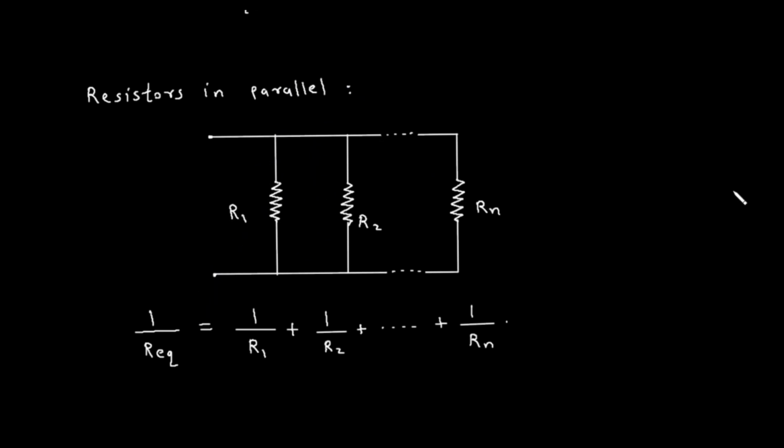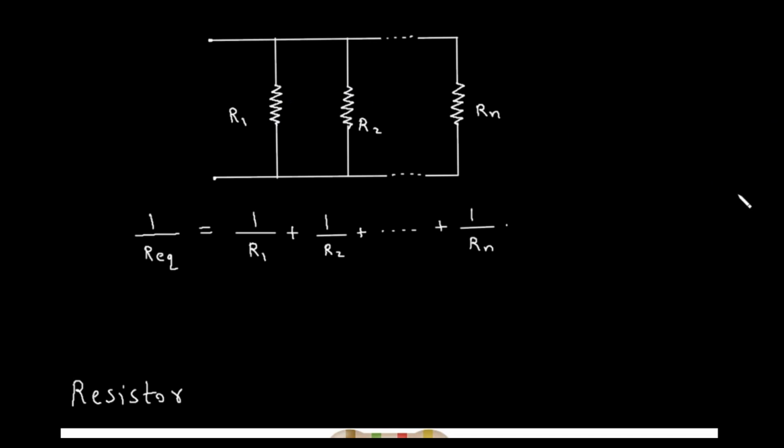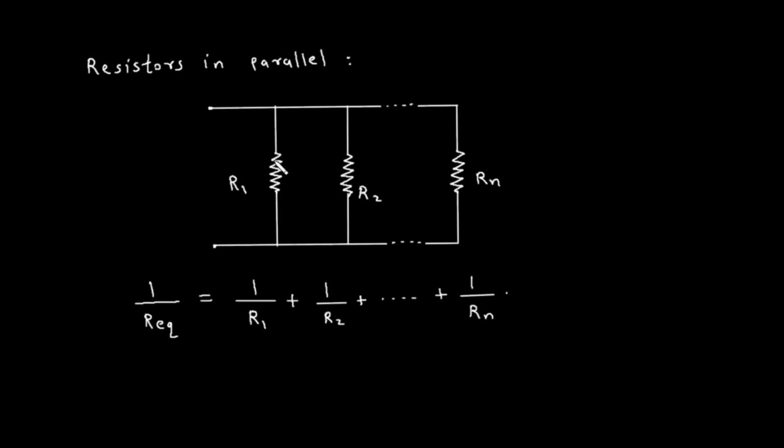Remember this point. When the resistors are connected in parallel, their equivalent resistance is given by this formula: 1 upon Req, where Req represents equivalent resistance, is equal to 1 upon R1 plus 1 upon R2 plus up to 1 upon Rn. By using this formula we can calculate equivalent resistance.